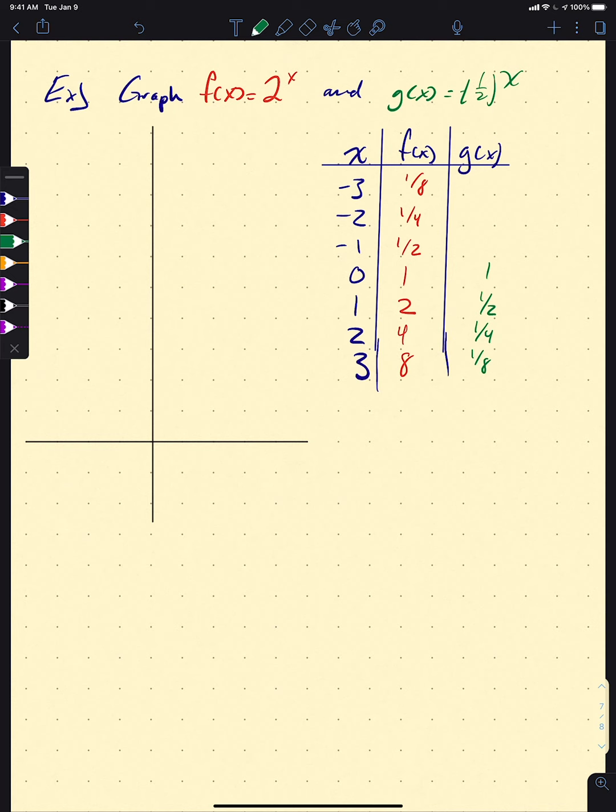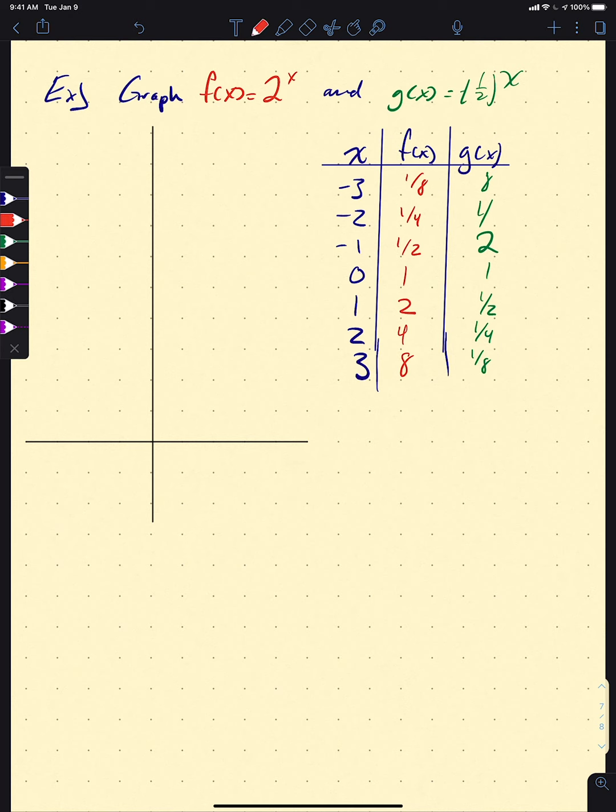We take the reciprocal, so we get 2. When we plug in negative 2, we take the reciprocal and square it, so we get 4. And when we take the reciprocal and cube it, we get 8. So while f runs this way, g runs this way.